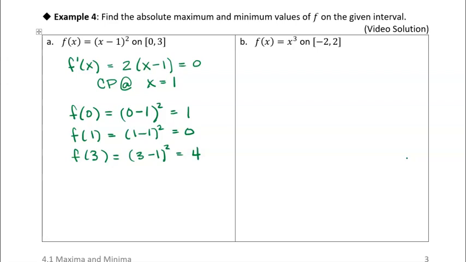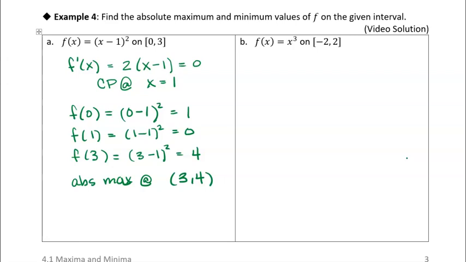Now I just need to identify the absolute maximum and the absolute minimum. I'm looking at the values of the function. It looks like the absolute maximum is at the point (3, 4).